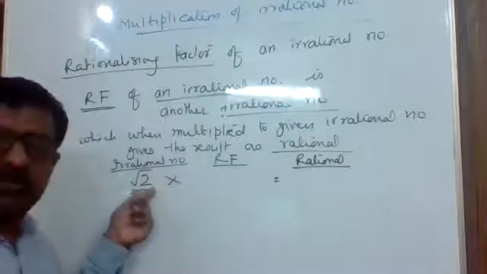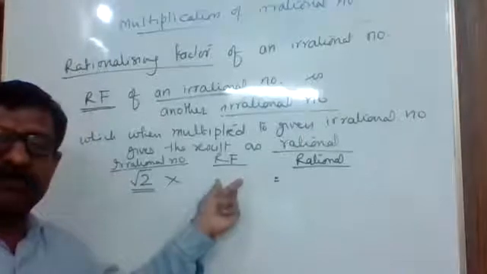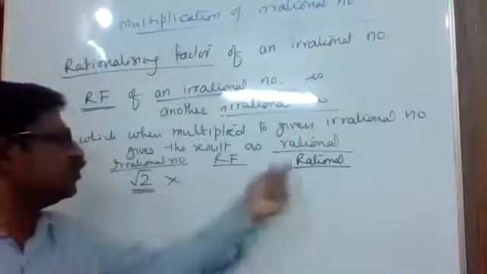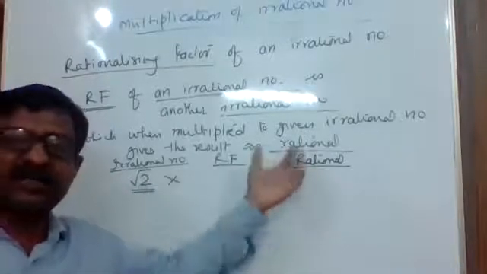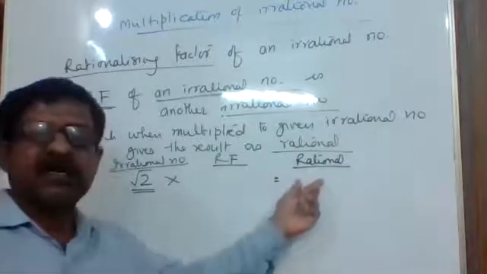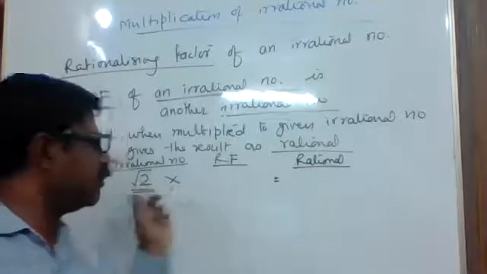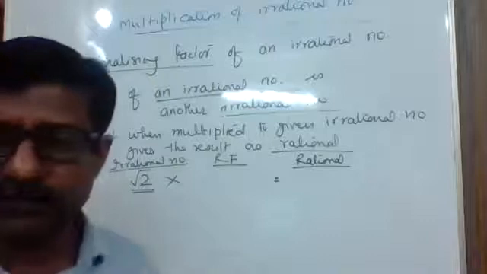Irrational means we are getting a root sign. What other number has to be multiplied here so that the result will be rational? That means the root sign will be removed. Our aim is to get a number which does not have a root sign after multiplication with root 2.